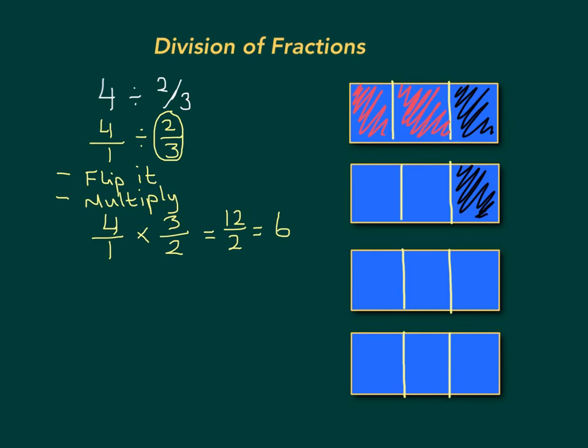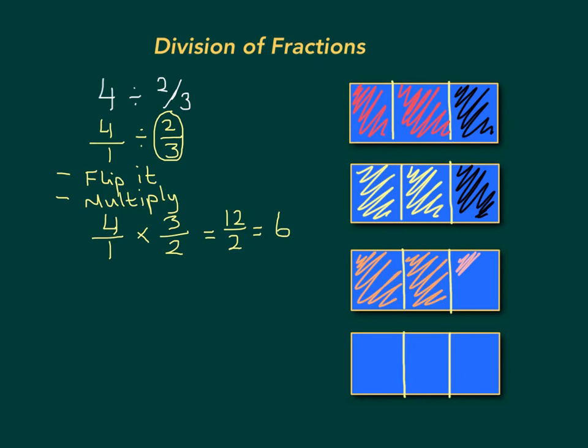Let's do yellow. There's 1/3 and 2/3. Let's do an orange. There's 1/3 and 2/3. And let's do another color again. Pink looks too much like the orange. Let's do another color. Let's do a green.